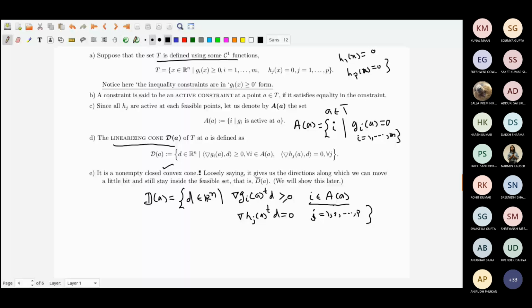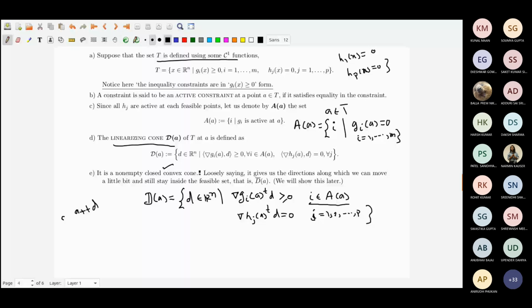So I am going in a direction along which Gi is expected to increase. And if Gi is expected to increase, then if I move a little bit in that direction, Gi value will remain greater than equal to 0, because right now it is 0, and if it is going to increase, then it will remain greater than equal to 0.